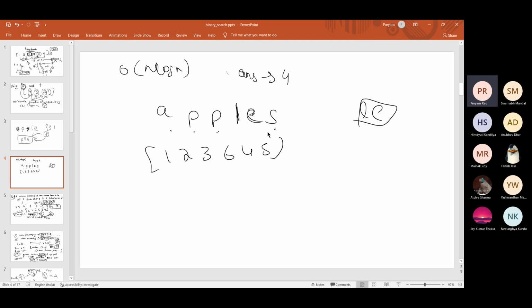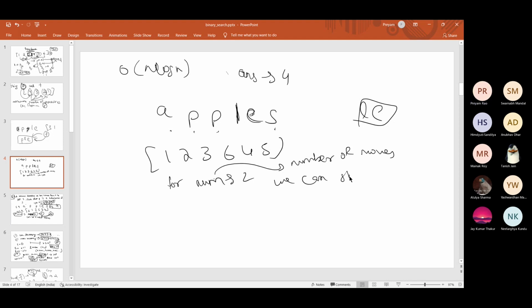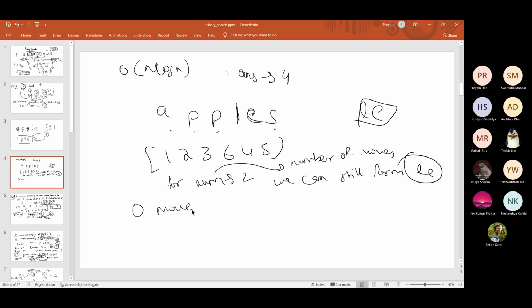But now notice that for num equal to 2, where num is the number of moves, we can still form LE. If we do 0 moves, we can still form LE.